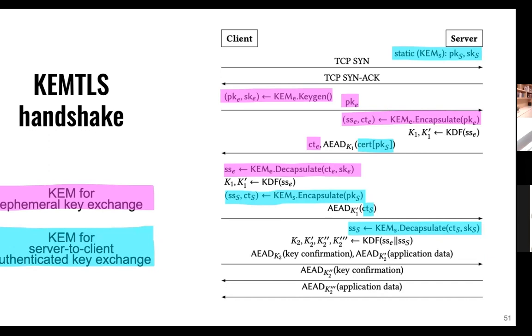But the key that it is signing, the server's public key, is a KEM public key. Having received the KEM public key, the client will encapsulate against that, transmit the KEM ciphertext to the server, and then they'll jointly compute a shared secret based on the ephemeral KEM shared secret as well as the long-term KEM shared secret.